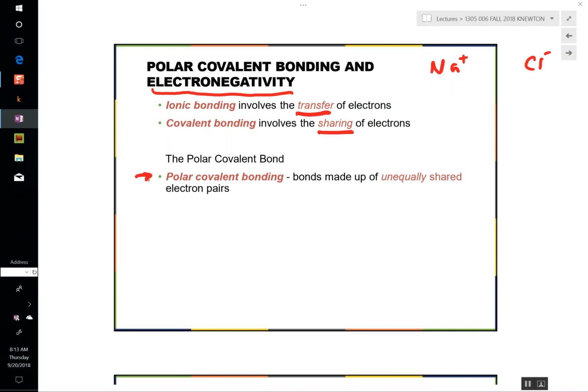If you need a car all the time, then work, make some money, and you can have your own car. But for right now, we're going to share this car unequally. When you need a car, let me know, and if I don't need it, you can use it, right? That's a polar covalent bond. There is one car, it is being shared, but there is a priority on who gets it. So that's a polar covalent bond, unequally shared electron pairs.